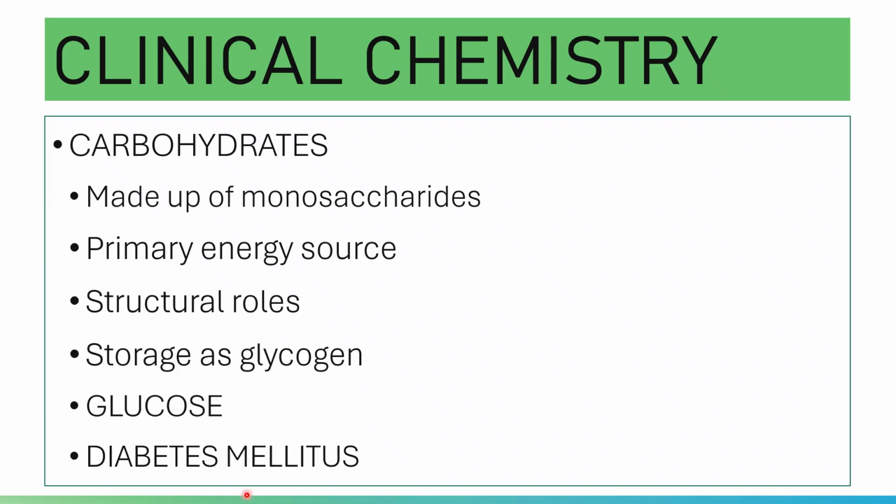And as I said earlier, your most clinically significant carbohydrate is glucose. This can be converted directly into pyruvate. And please note that a persistent increase in glucose levels may be a sign or a symptom of diabetes mellitus.